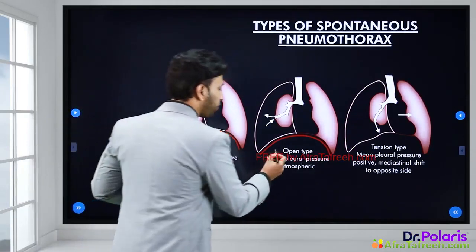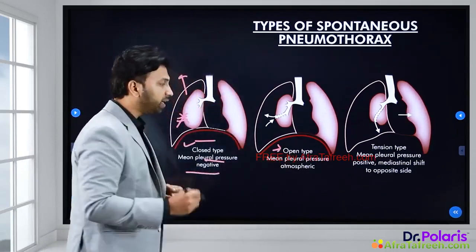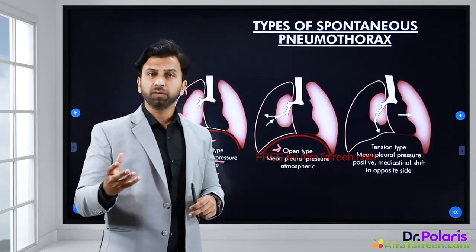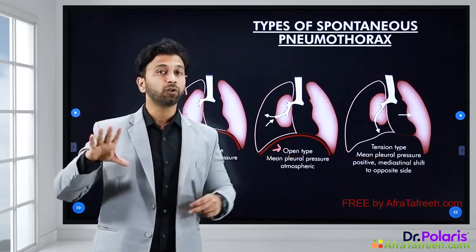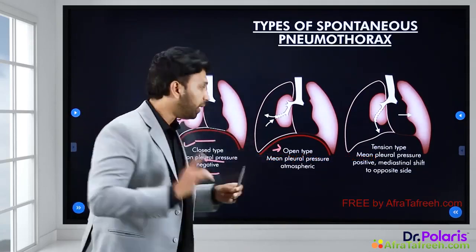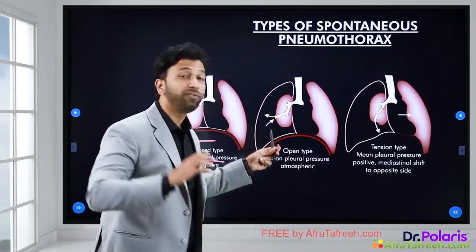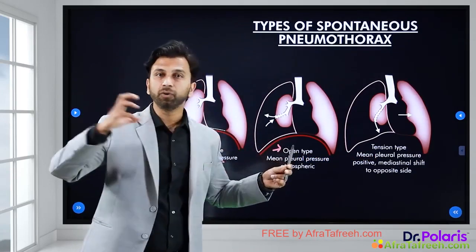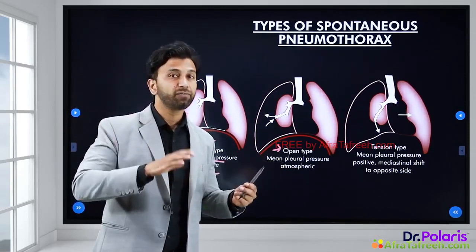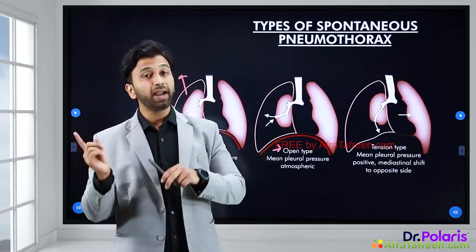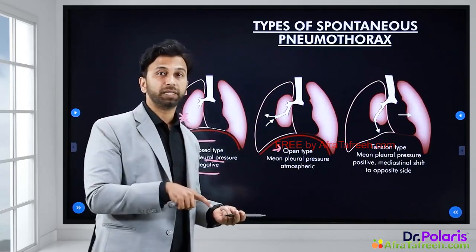So usually this will not have any grave signs or symptoms. Moving ahead to the next type, which is called an open type. Here there is a communication between the pleural space, which has an accumulation of air, and the alveoli. But there is a free flow from the alveoli into the pleural space, to and fro. That means air can freely enter the pleural space and can also exit the pleural space.